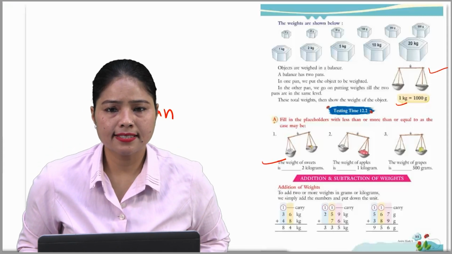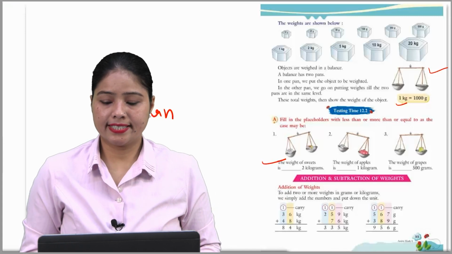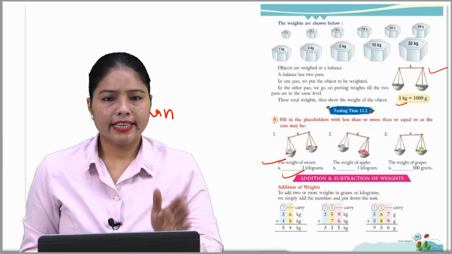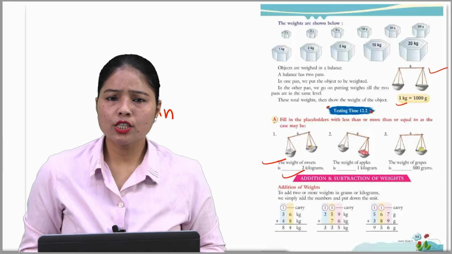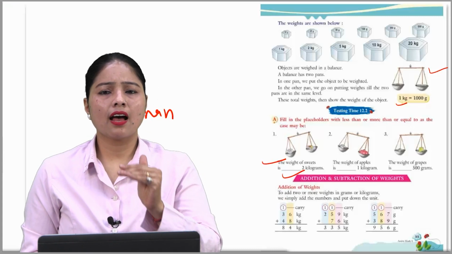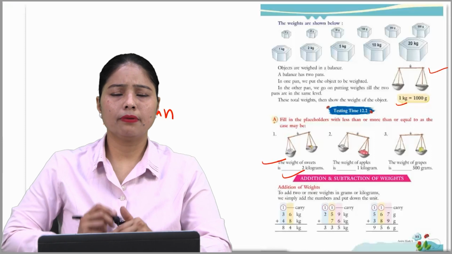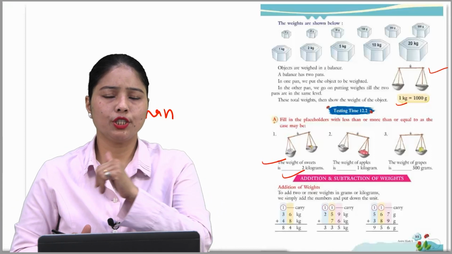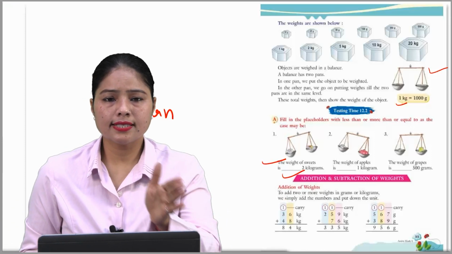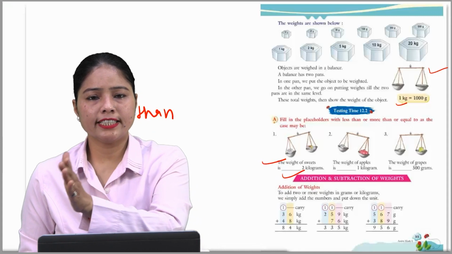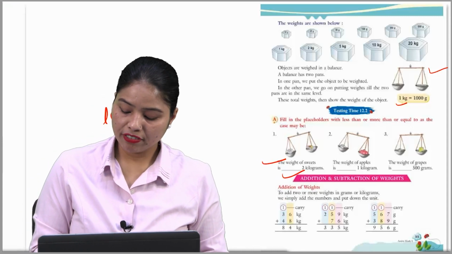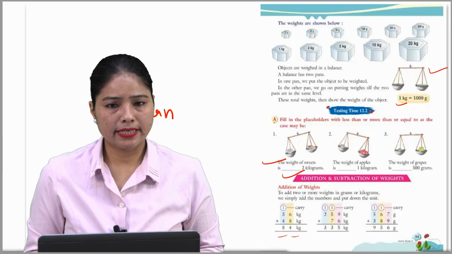Now move on. Additions and subtractions of weights. Addition of weights. To add 2 or more weights in grams or kilograms, we simply add the numbers and put down the unit. How is it? 36 kg with 48 kg. So start with ones place and then go with tens place.